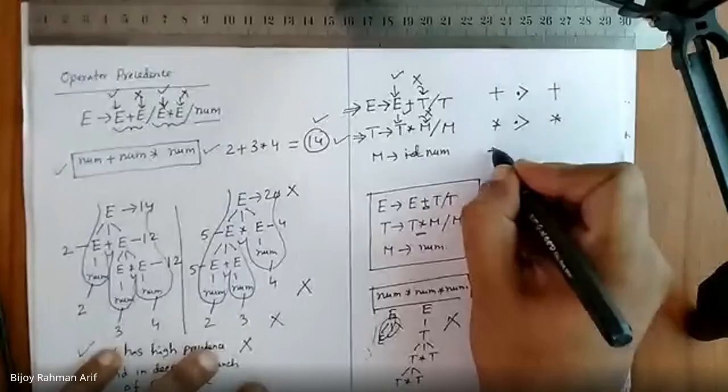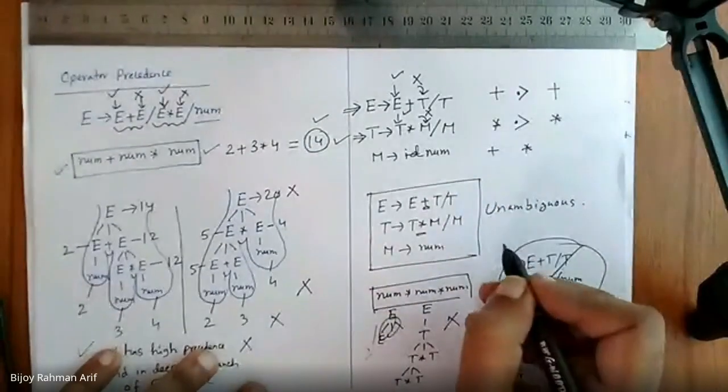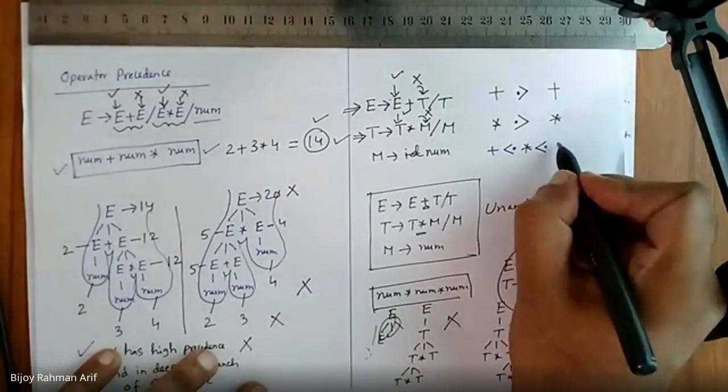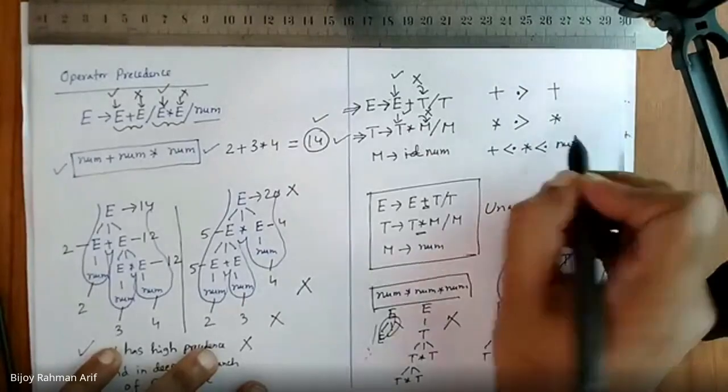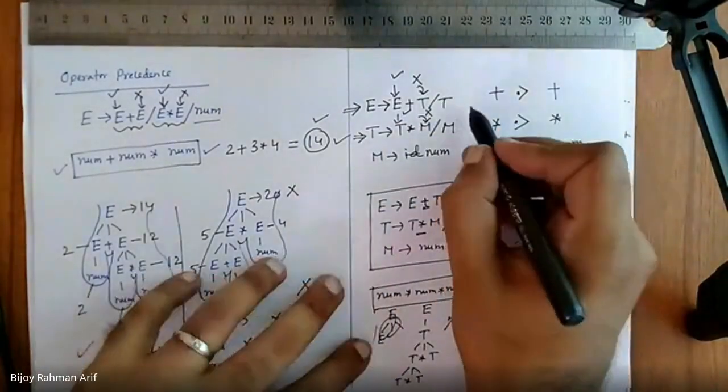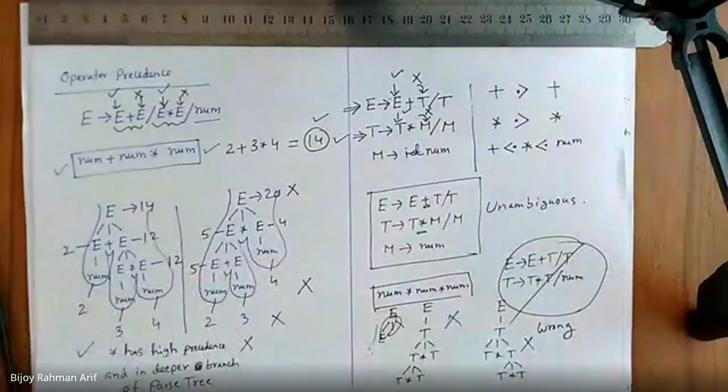Left. Plus and star, which one has higher precedence? Star. And star has less precedence than num, because num is in the bottommost position. Okay, guys? So remember this. This kind of thing might be given in the exam.